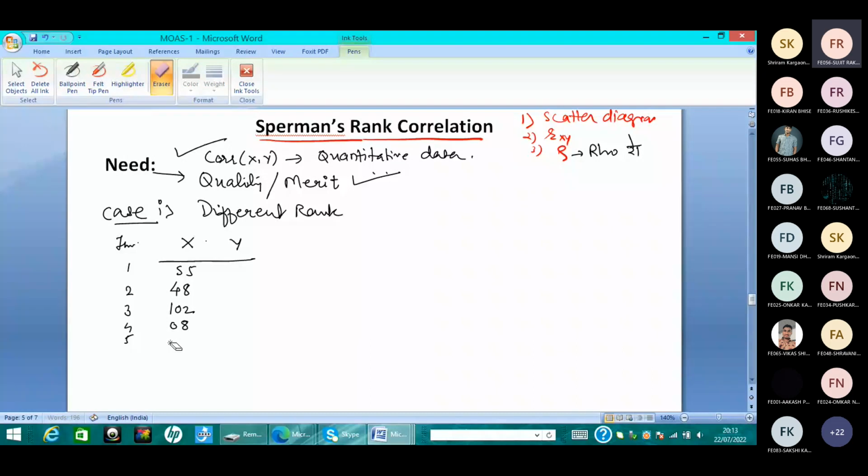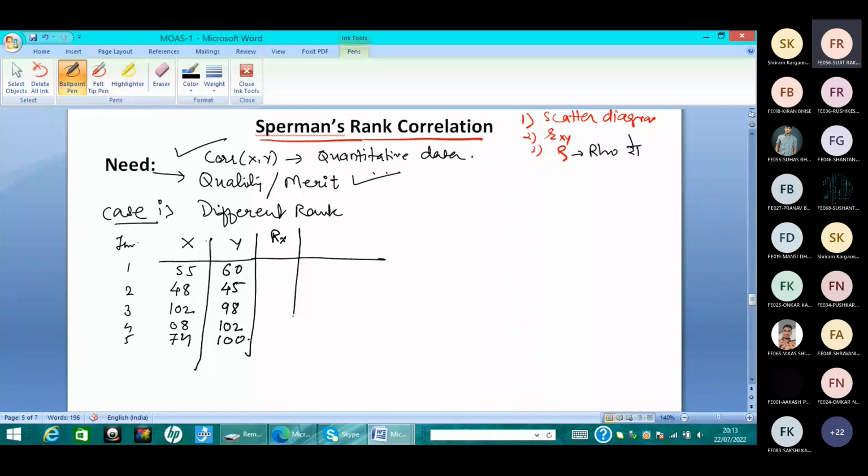Suppose this is another cricketer: 60, 45, 98, then 102 and 100. This is another player. So if you are going to give ranks in increasing order, you will have to do the same for all. In this, none of the runs in this set is repeating. See if any value is repeating here: 55, 48, 102, 8 and 74. No. Here also all values are different.